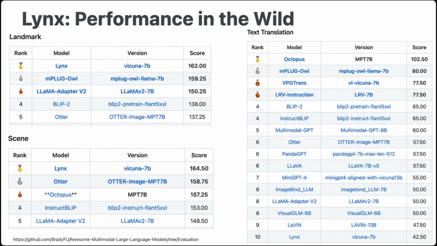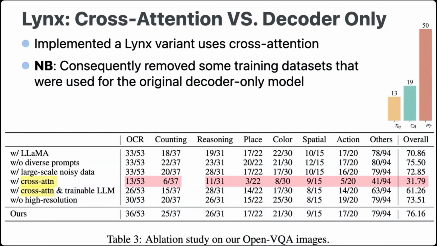One interesting thing I'd like to talk about is their ablation study between cross-attention and the Decoder-only model. They also implemented a variant where they adapted to the cross-attention model, but consequently, as Peter has pointed out, they also dropped some datasets. So I don't think it's very conclusive, but they've shown that when using cross-attention, the performance dropped greatly.